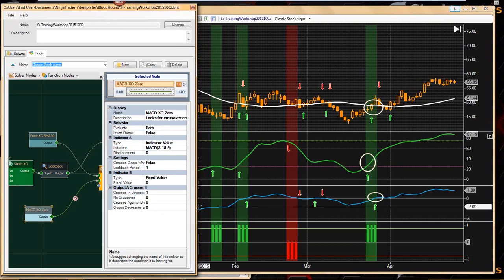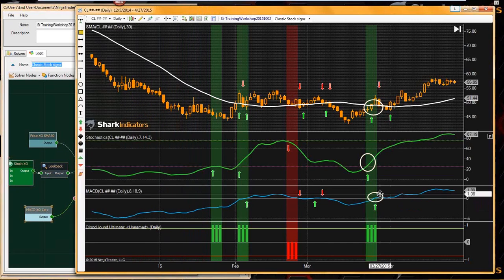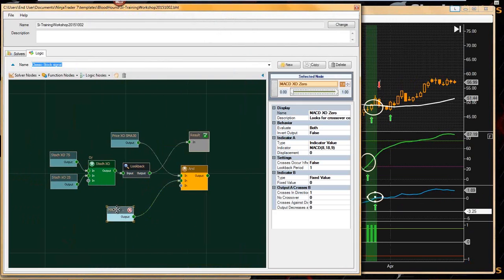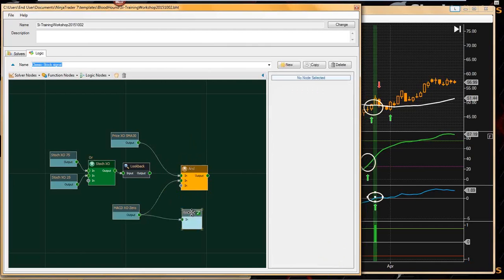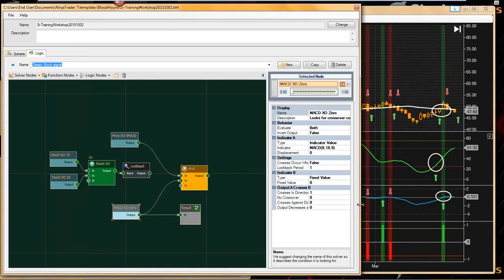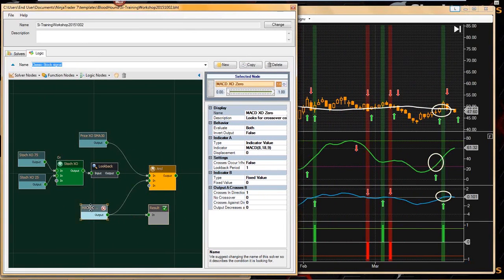Alright, so then the last condition is our MACD here. So let's take a look at our MACD. Alright, so our MACD is also using a crossover solver. So I'm just going to use the lookback period for this.